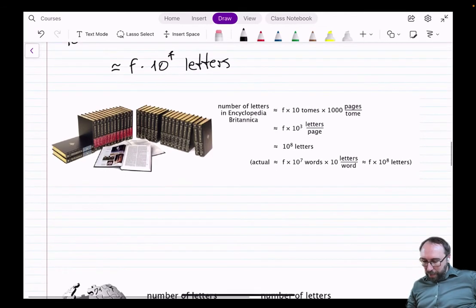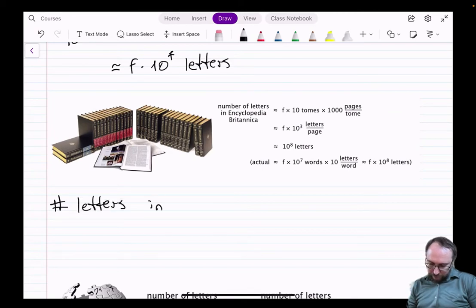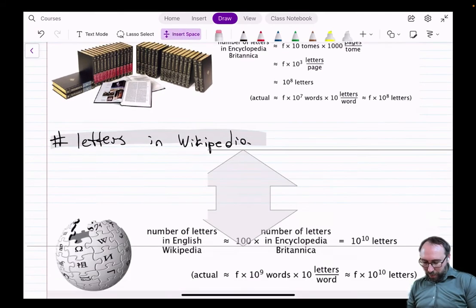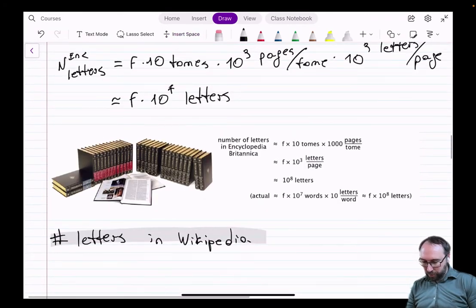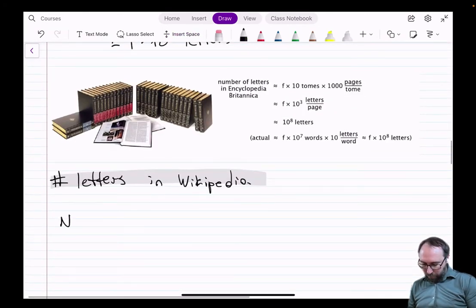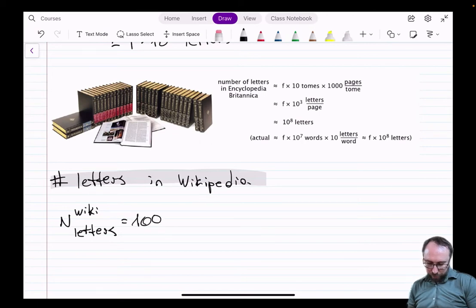So now how do I estimate the number of letters in Wikipedia? This was a little bit harder to do. So what I decided to do is to say that the number of letters in Wikipedia is 100-fold more than the number of letters in the encyclopedia.